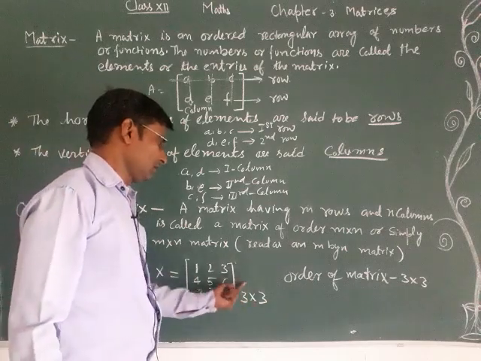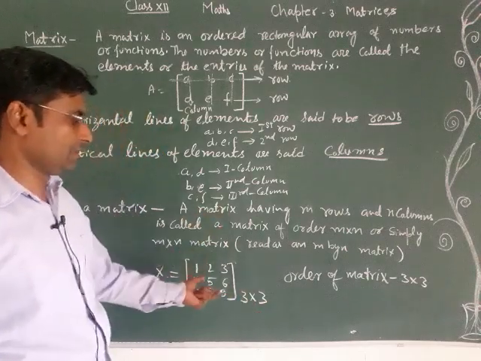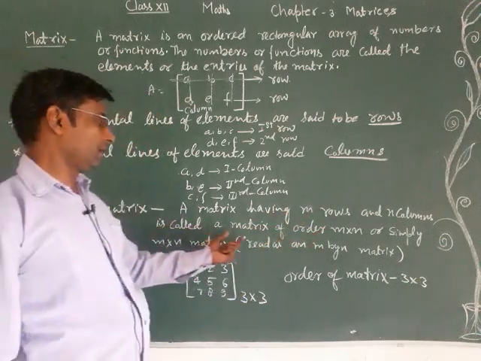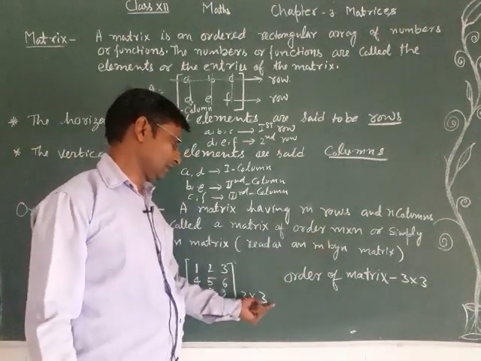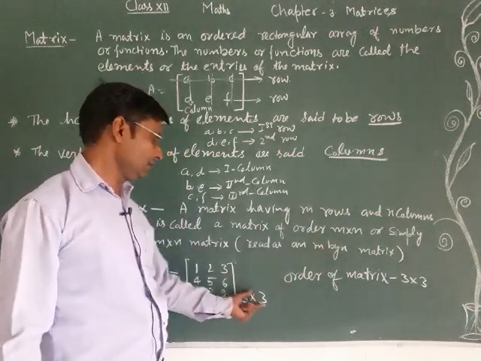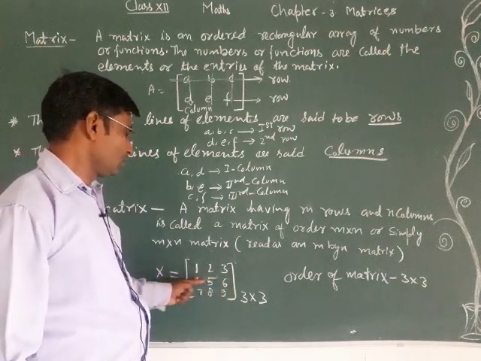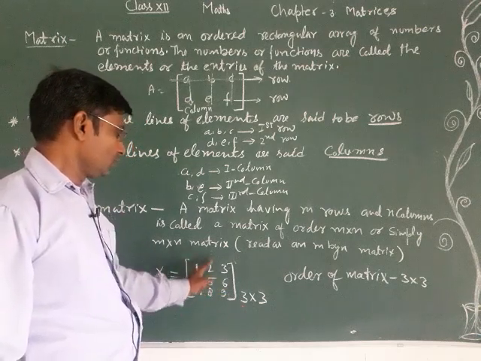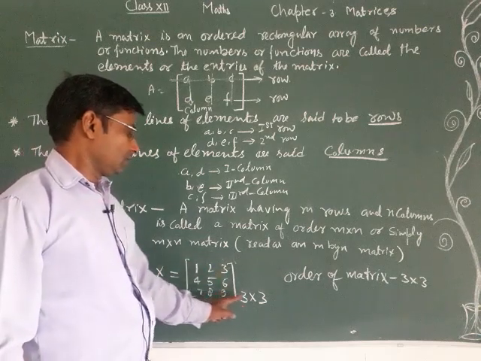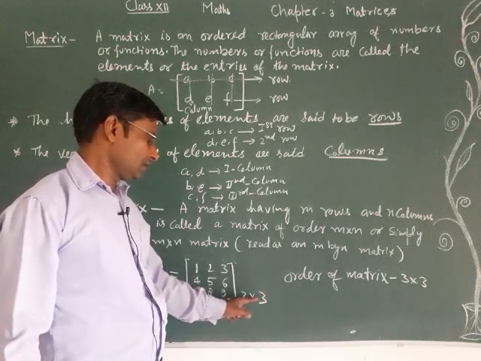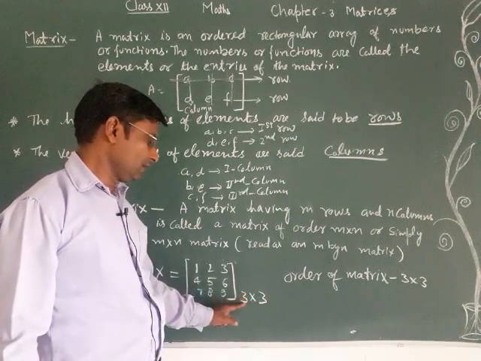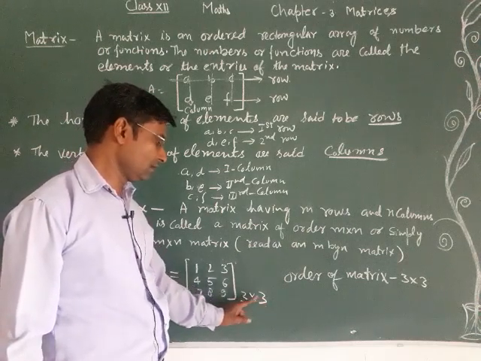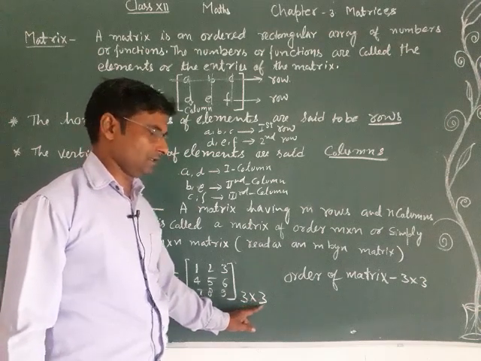A matrix having m rows and n columns has order m by n, so this is a 3 by 3 matrix.